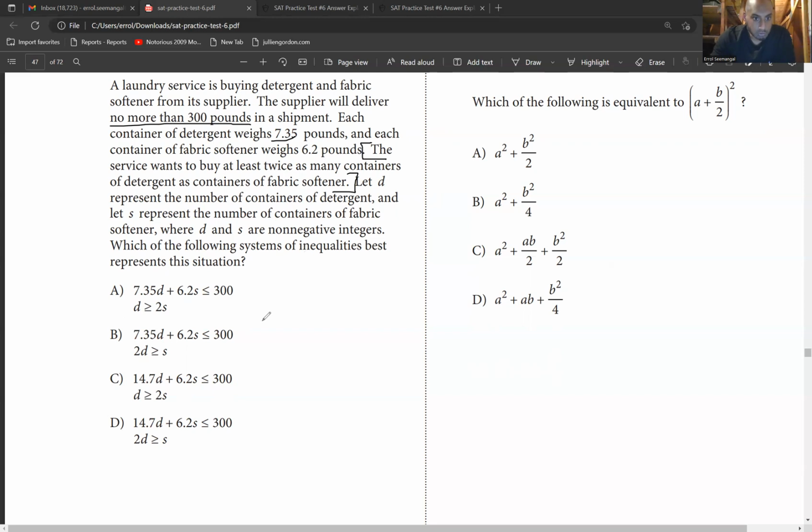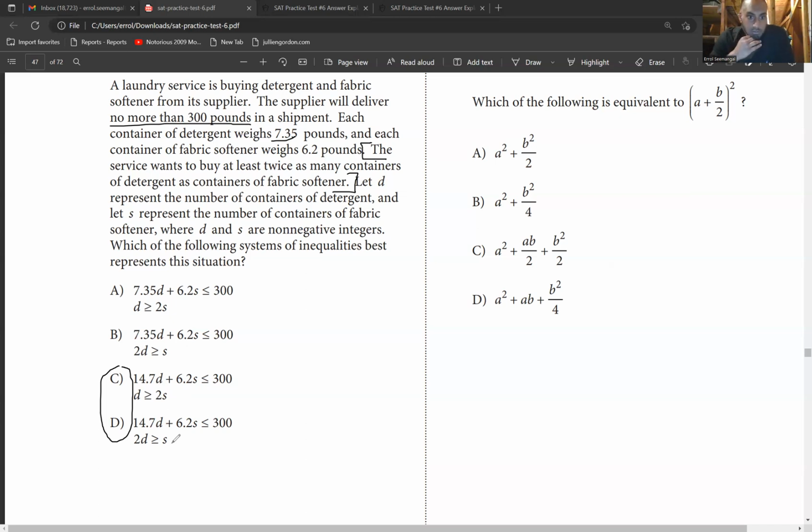So then it's got to be one of these, right? Yeah. Twice as many detergent. Detergent's the first one. So 2D is greater than S. So you're saying D?